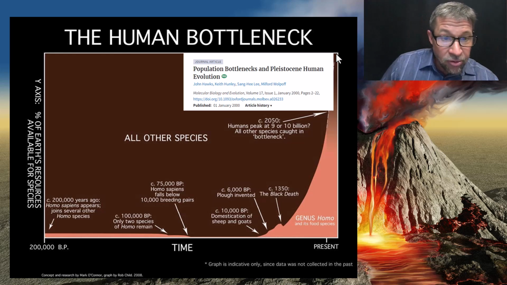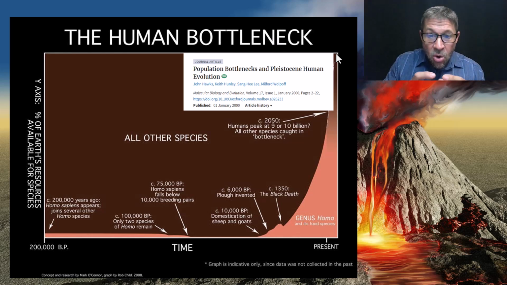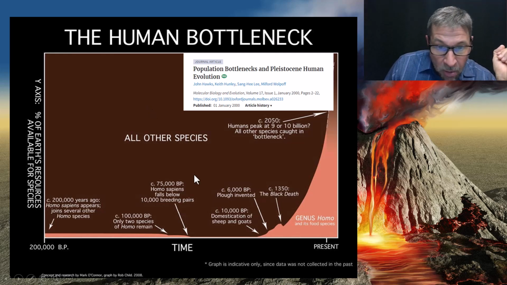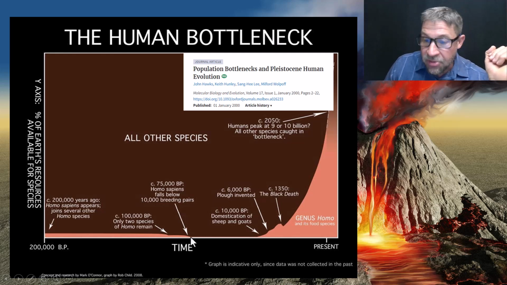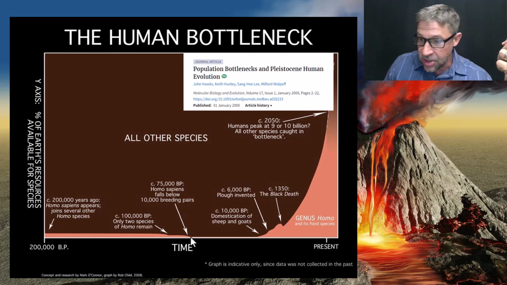Demographers think that our population could have gotten as low as about 10,000 individuals. And it corresponds with this massive volcanic eruption, the Toba super eruption that occurred about 74,000 years ago on the island of Sumatra in Indonesia.